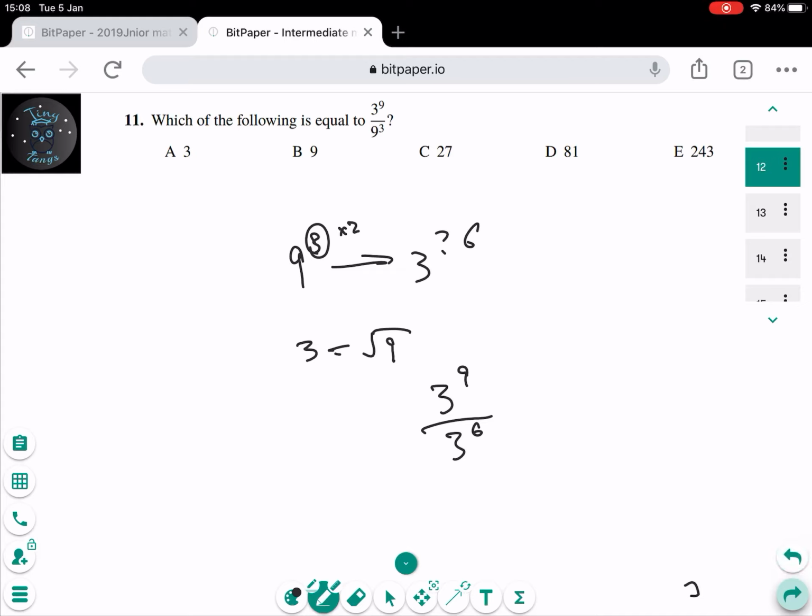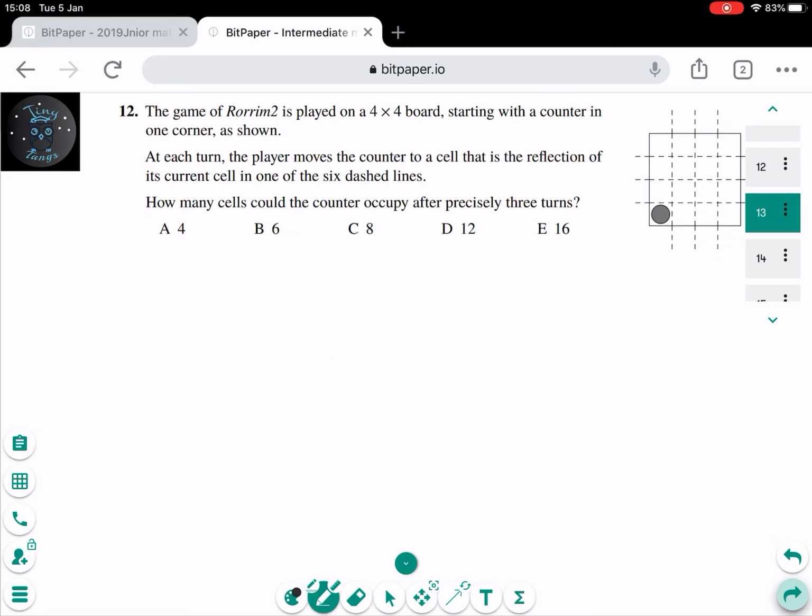If you divide, you subtract the powers, so 3 to the power of 9 divided by 3 to the power of 6 equals 3 to the power of 9 minus 6, which equals 3 to the power of 3. So the answer is 27, which is 3 to the power of 3. So the answer is C for question 11.